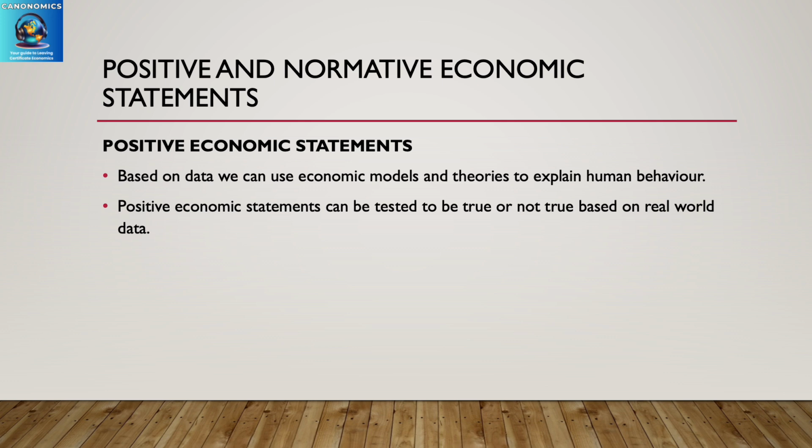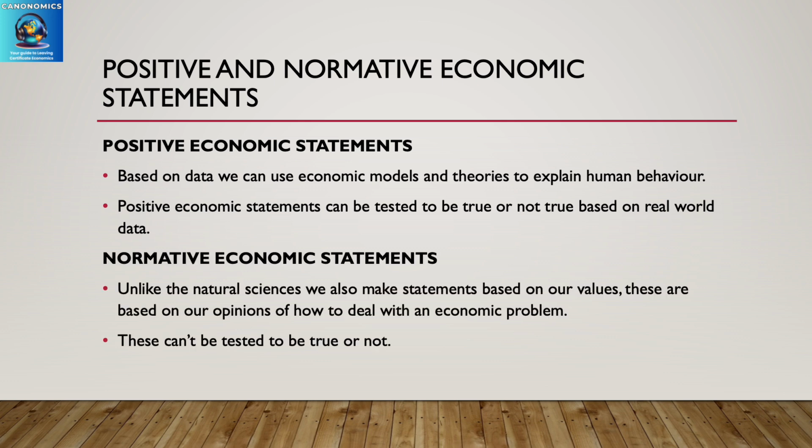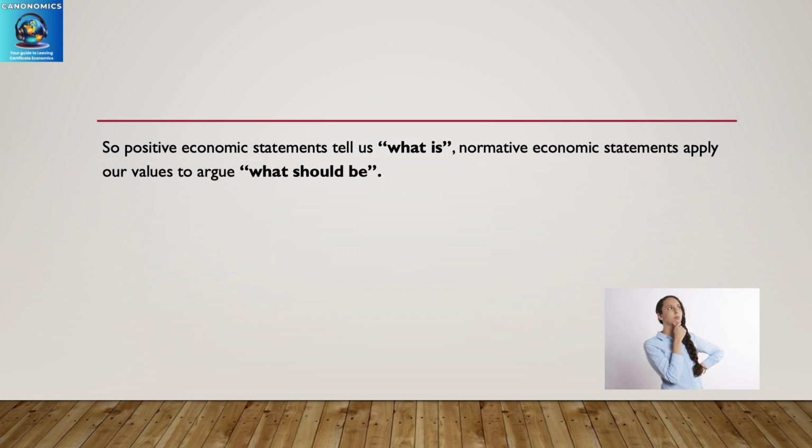They're based on economic models and theory that use factual data to explain how things work. A normative statement is one that's based on our own values or opinions. These can't be tested to be true or not. Positive economic statements tell us what is, and normative statements tell us, based on our own opinions, what should be.